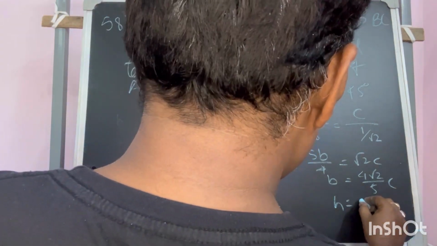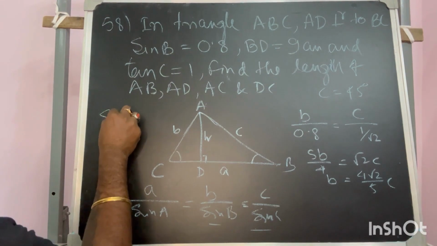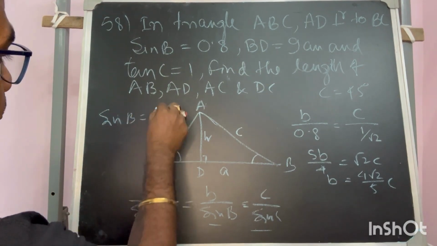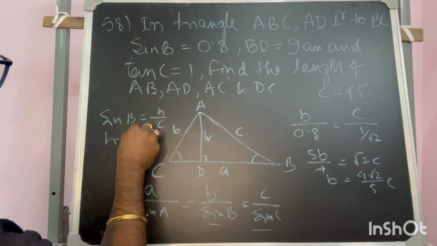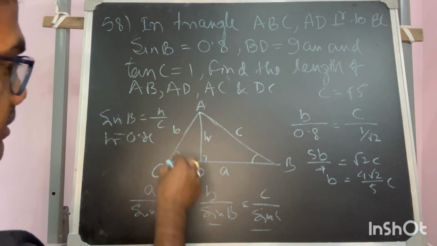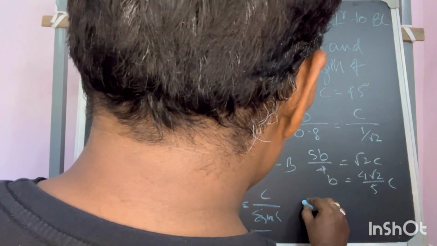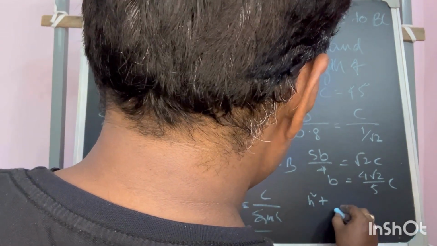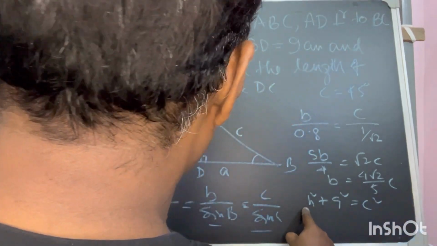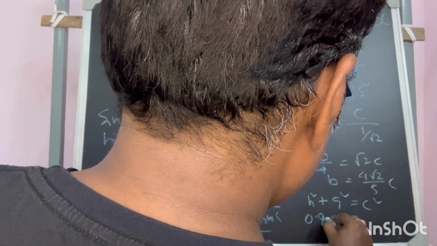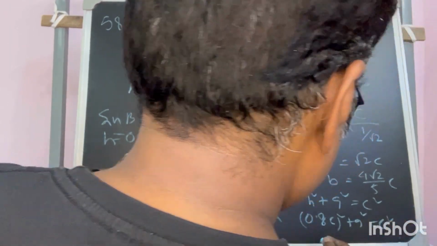I've taken sine of B is equal to H by C. So from the 0.8, H is equal to 0.8 C, and A is this part, equal to 9. So from here H square plus 9 square is equal to C square. H is equal to 0.8 C whole square, plus 9 square is equal to C square.